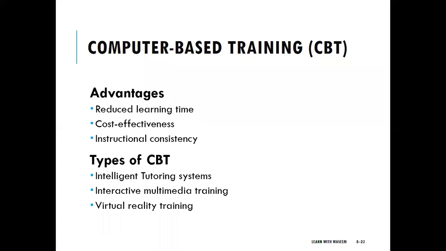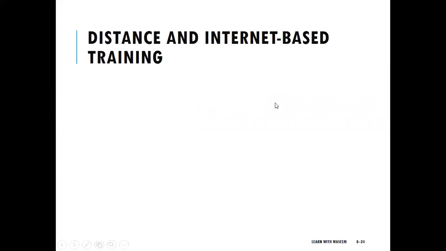I want to go and explain each of these types of CBT. We will discuss it in the other lecture, but I think this knowledge is enough for you regarding computer-based training.